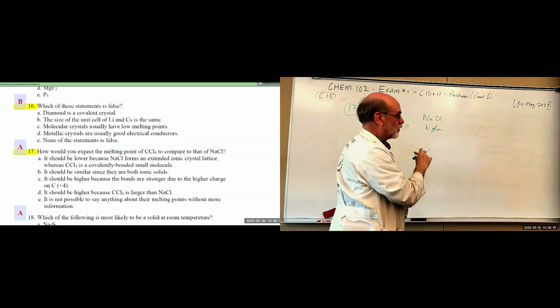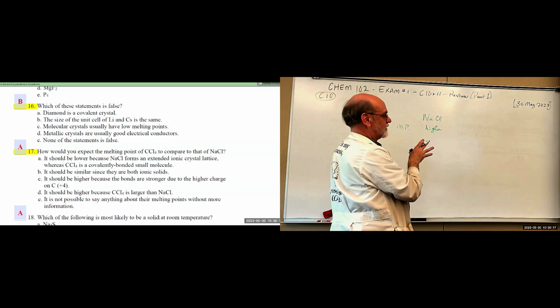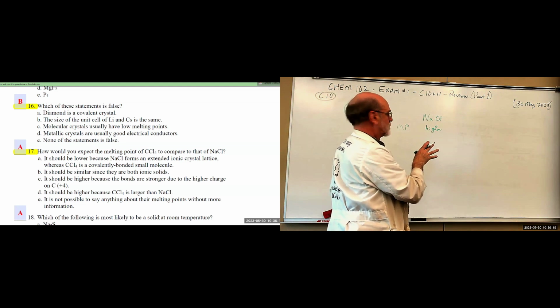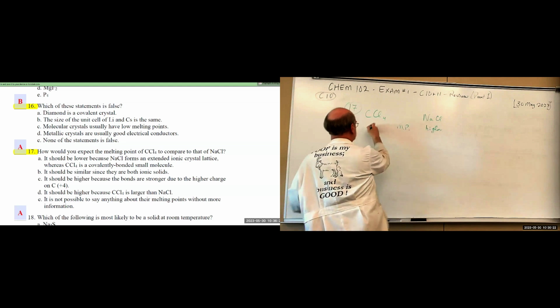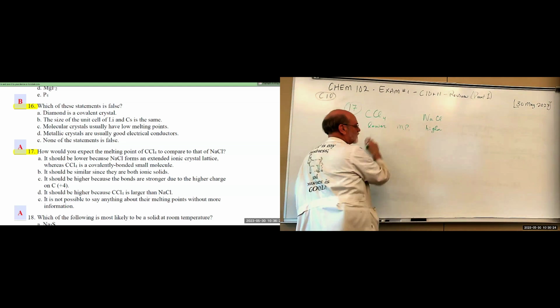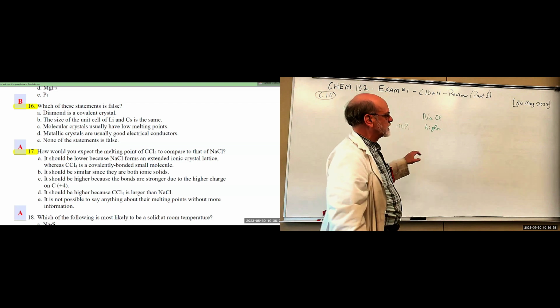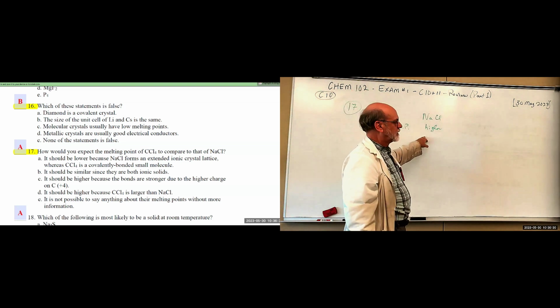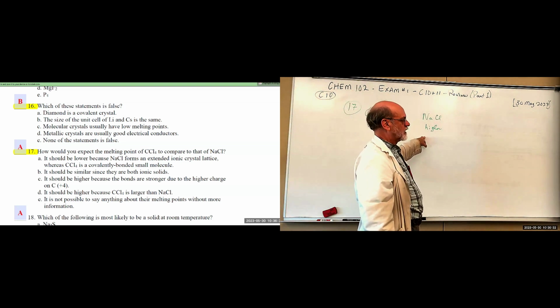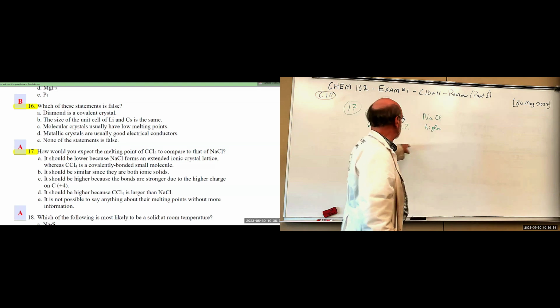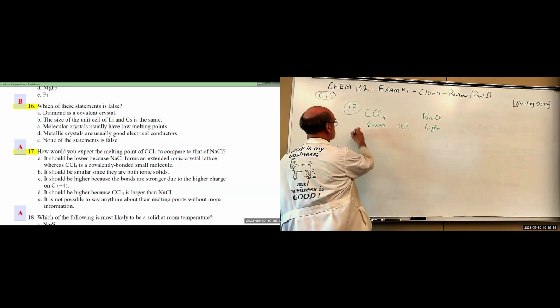But does it ask for a reason? It should be lower. So this one is lower. But does the reason make sense? It's lower because sodium chloride forms an extended ionic crystal lattice, whereas carbon tetrachloride is a covalently bonded small molecule. Yeah, that's true.